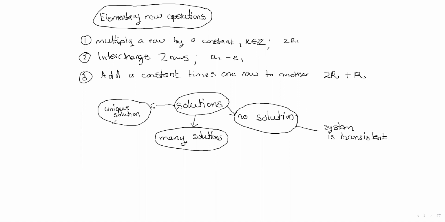Then if you have many solutions or a unique solution, we say that the system is consistent, which means it exists. Inconsistent means there's something wrong, it doesn't exist, in other words.